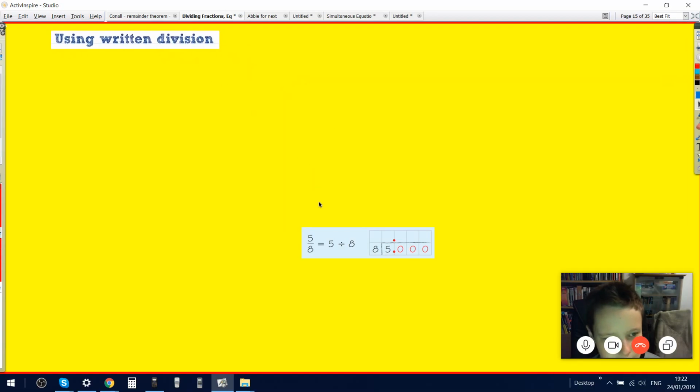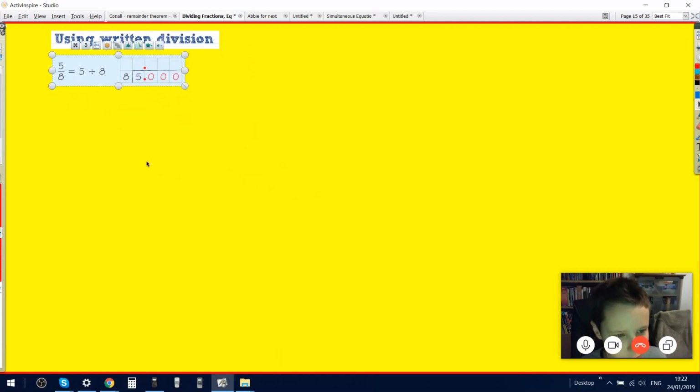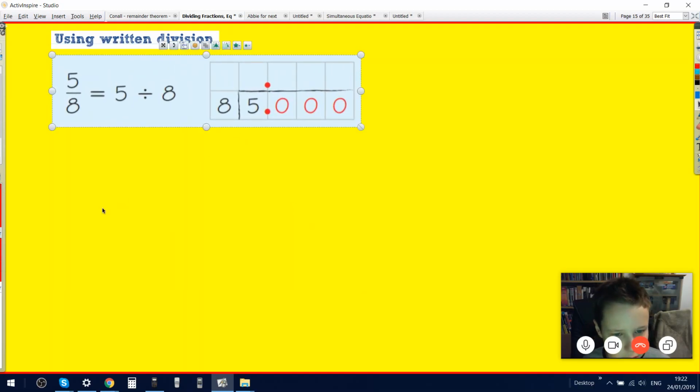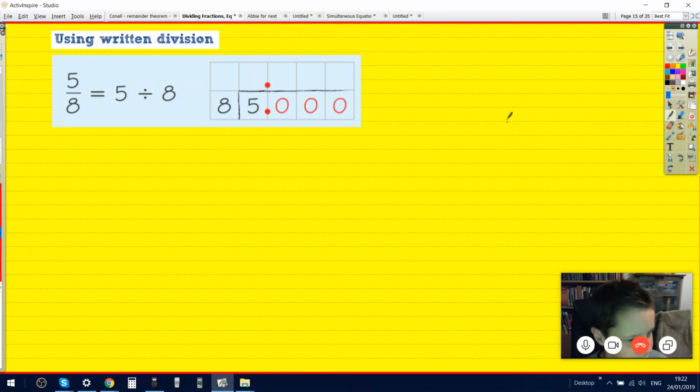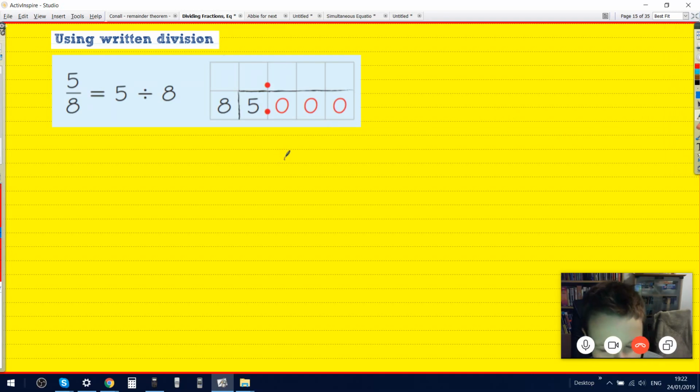How would you divide 5/8, like 5 divided by 8, to get it as a decimal? It's showing us the bus stop method, so we can't use keep, change, flip. You would work out how many 8s go into 5 first, which is none. And then you would place the remainder 5 next to the 0.